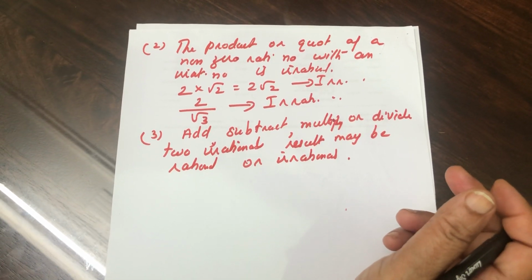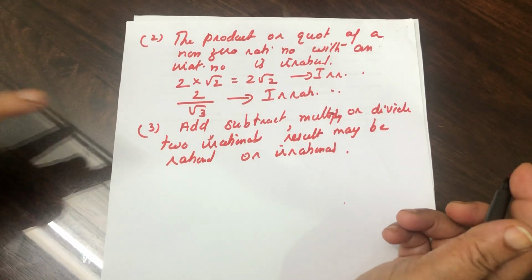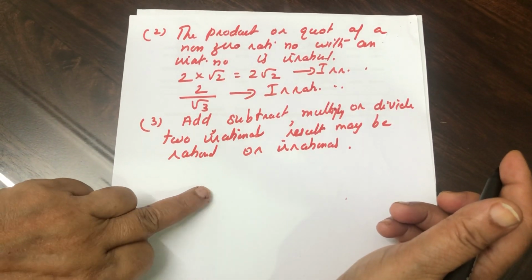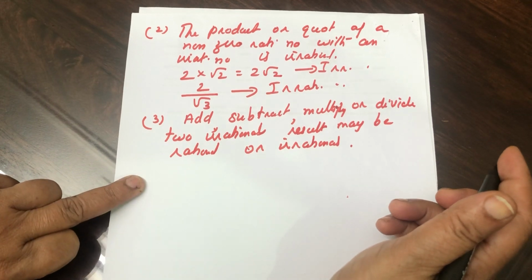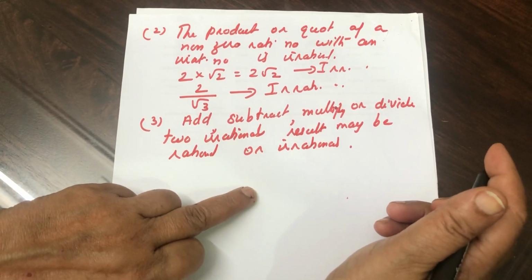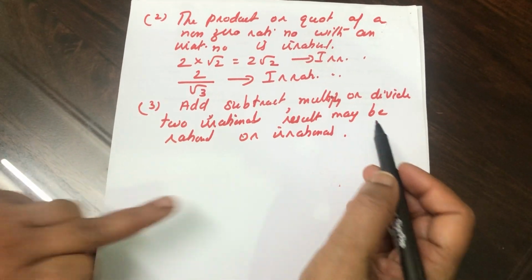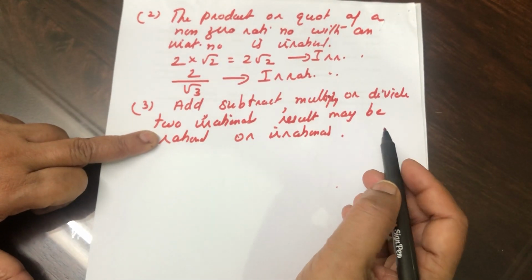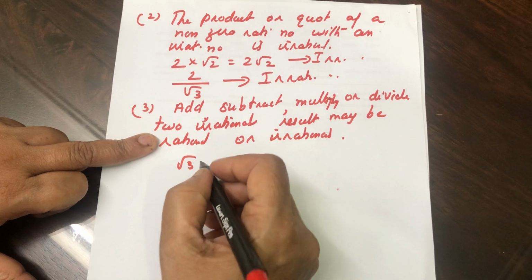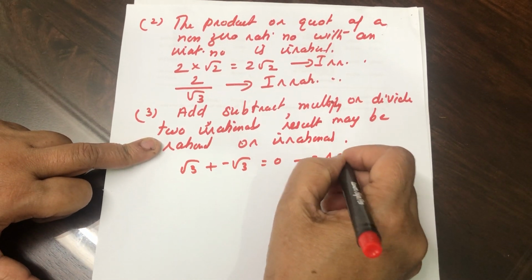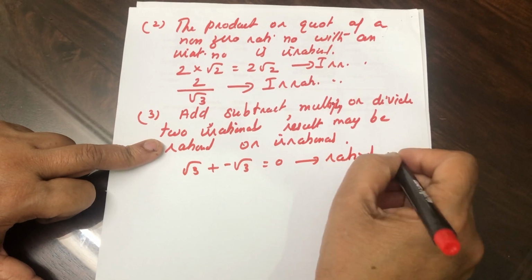So two irrationals, when you take them, I have shown you that root 3 plus minus root 3 is 0. 0 is a rational number. So it is coming as a rational number.